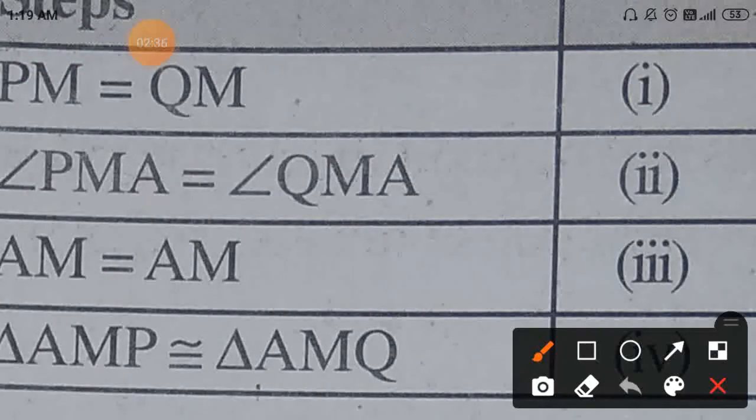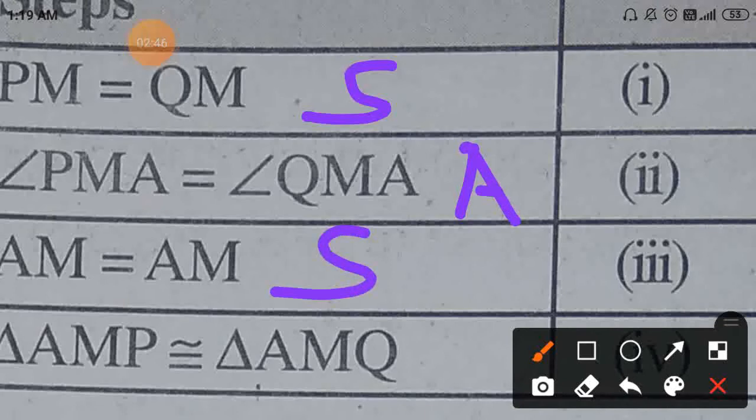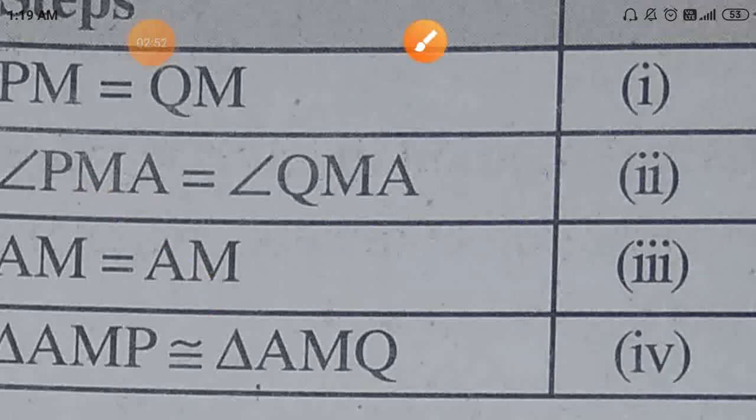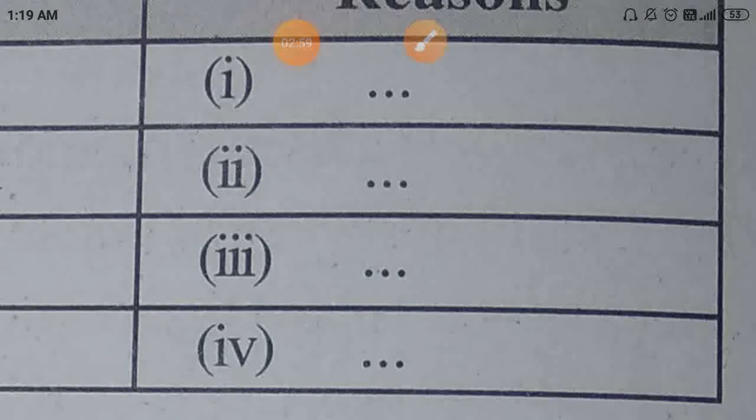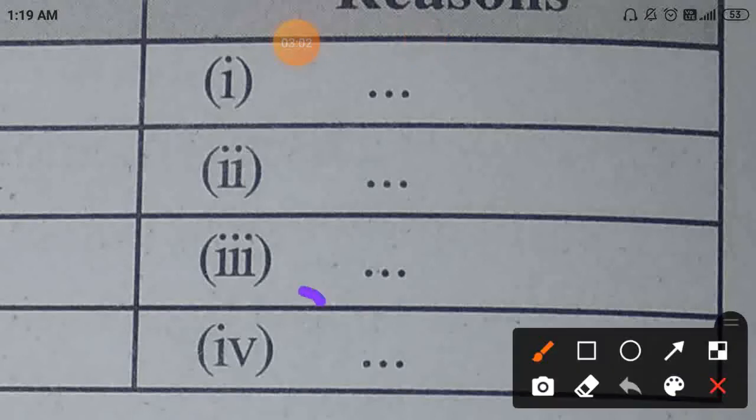We can write it is side, it is angle, it is side. So in the fourth step, the reason is SAS congruency criteria. From the SAS congruency criteria, both the triangles are congruent.